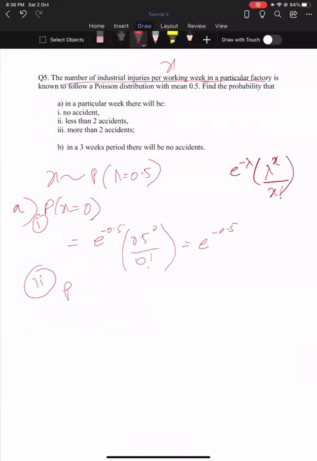Then for A2, in a particular week, there will be less than 2 accidents. So it is X is less than 2, which means X is 0 or 1. So we get X is 0 or X is 1.